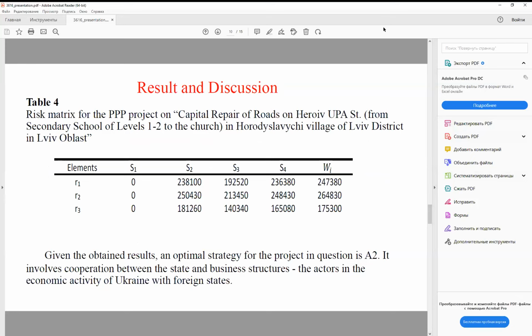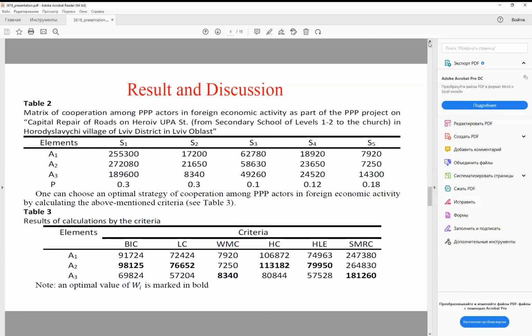It was decided to organize an expert group for the amalgamated territorial community, ATC, of Davydiv and Onur Construction International LLC to create a matrix of cooperation among PPP actors in foreign economic activity and assess the information's reliability.